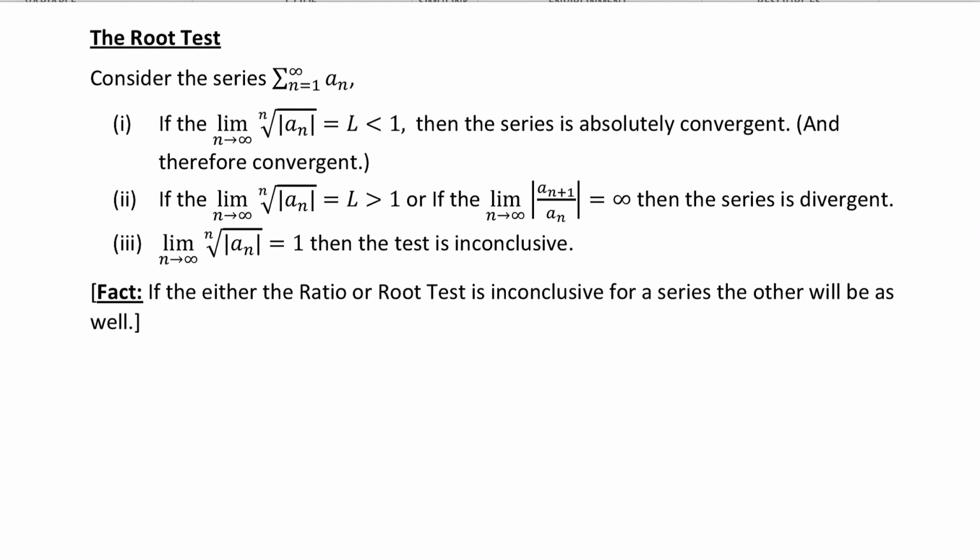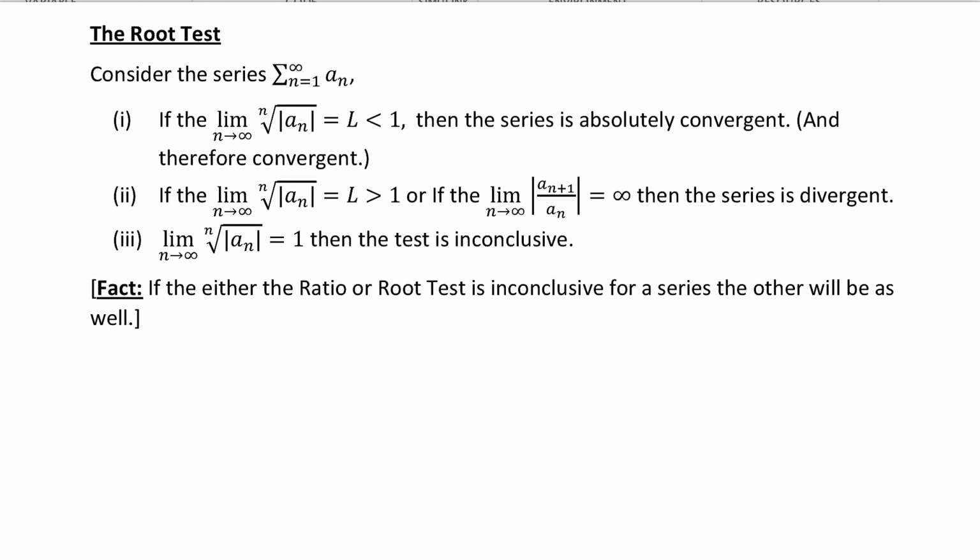We have now the root test. Consider the series sum from n equals 1 to infinity of a_n. If we get that the limit as n goes to infinity of the nth root of the absolute value of a_n is equal to L less than 1, then this series is absolutely convergent and therefore convergent. If it is larger than 1, then it diverges. If it's equal to 1, it's inconclusive.